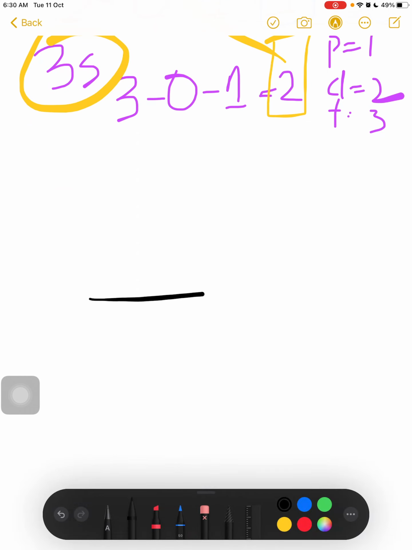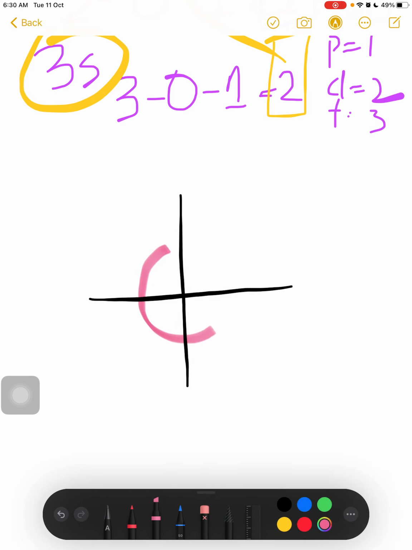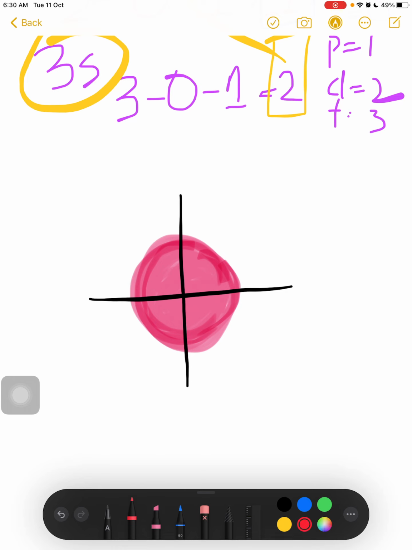Okay, now let me draw this one, right? This is the s orbital. Let me color this. So this is non-directional. Why I'm saying that it's non-directional, I'm not good at drawing, but I'm trying my best to explain it to you.